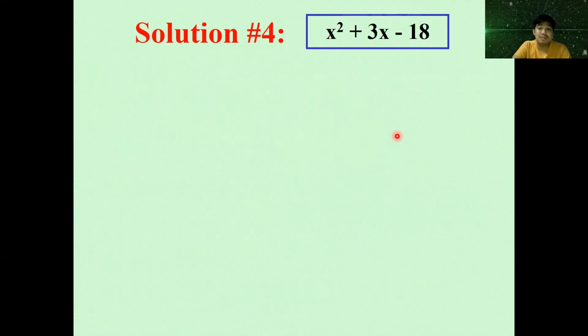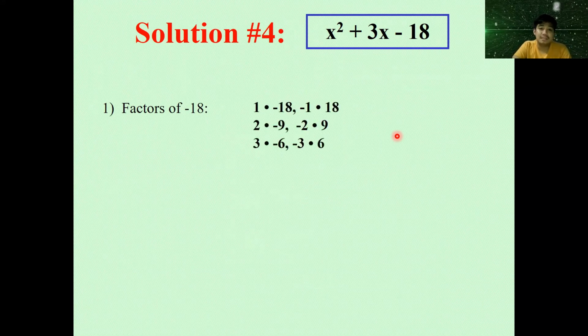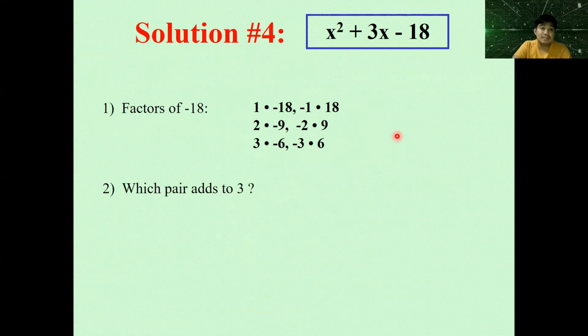Next, we have number 4. We have x squared plus 3x minus 18. So look for the factors of negative 18. So we have 1, negative 18, negative 1 and 18. And we have 2 and negative 9, negative 2 and 9. And we have 3 and negative 6, and negative 3 and 6. Ngayon, hanapin natin kung alin doon yung may sum ng 3.